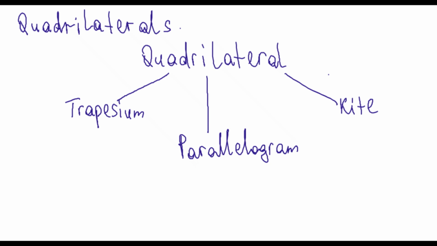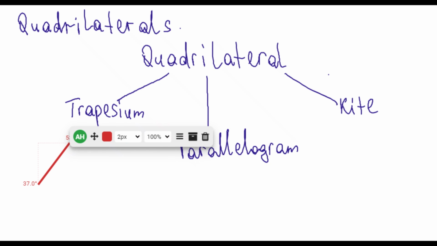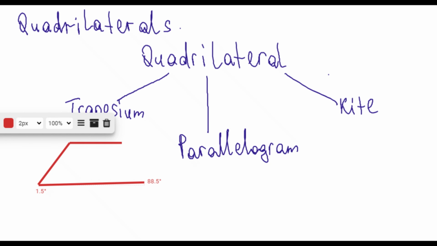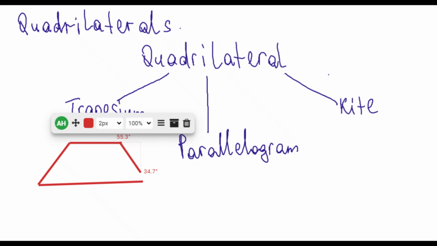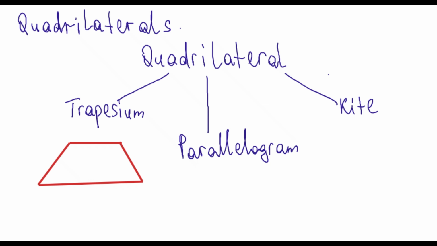What is trapezium? Trapezium is a quadrilateral with 1 pair of parallel sides. Here, these sides are parallel. So trapezium is a quadrilateral with 1 pair of parallel sides, only 1 pair.